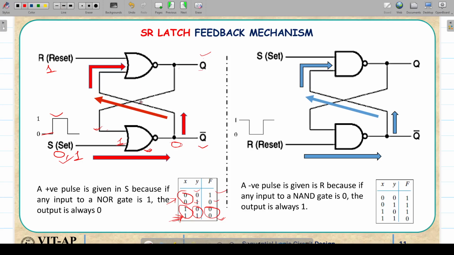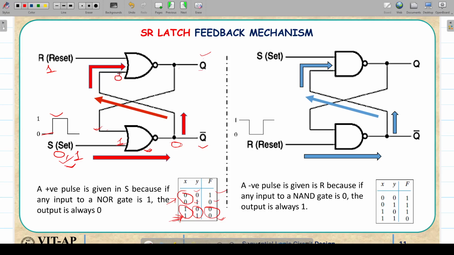Now if this 0 goes as the input to the other gate, and the value of S is fixed at 1, so this value is fixed at 0, and here the 0 will appear.